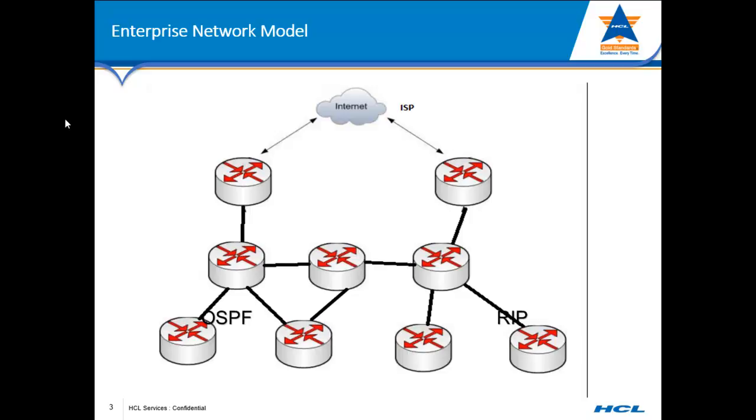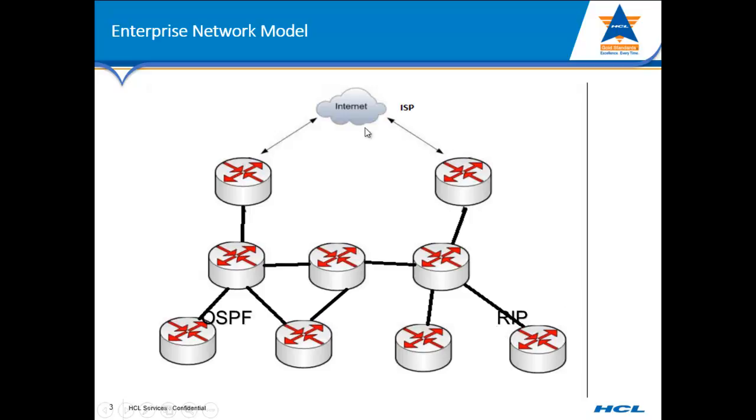This is how a normal enterprise network works, as I discussed. Here we have multiple routers, all connected to each other, and they find the best path because of dynamic routing protocols. One can be OSPF, another can be EIGRP or RIP.